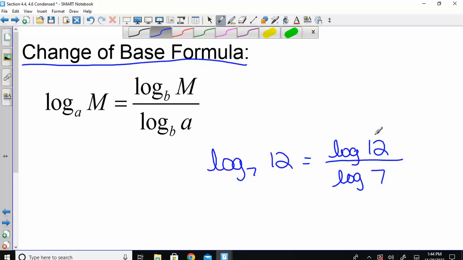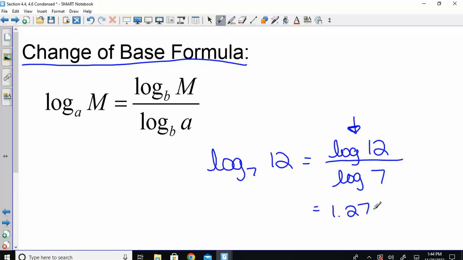Anytime I give you a problem like this, I will say work required for credit, and you have to write this right here to get any credit for your answer. Okay, so then we can plug that in. Log 12 divided by log 7, and we get 1.27698, so 1.2770.